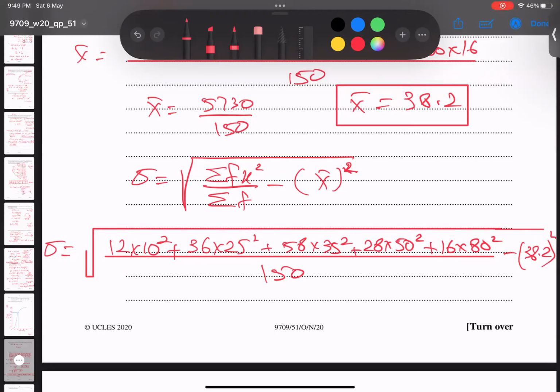Yes, so the final answer I'm getting here for the deviation is 17.9.